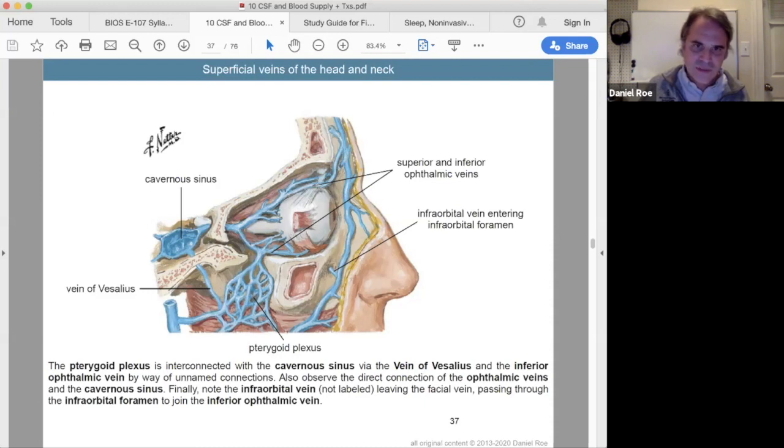That's another route for infection, the superior and inferior ophthalmic veins. So that's why this danger triangle is dangerous. Here's the vein of Vesalius. And again, that's inconsistent. And that's drawn in here artificially, by the way. This is Netter's illustration, but Randy and I drew this in. Randy drew it in, and then I did some more work on it. Can't even tell, can you?